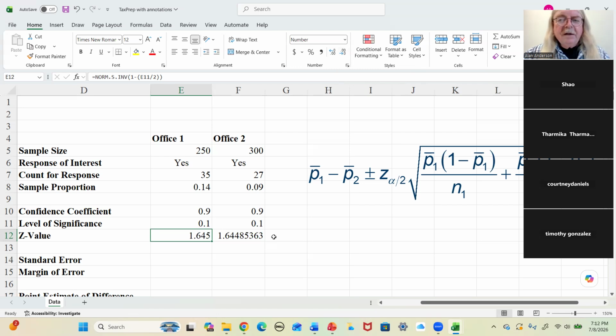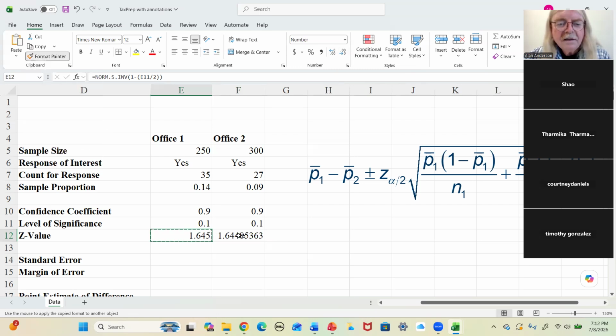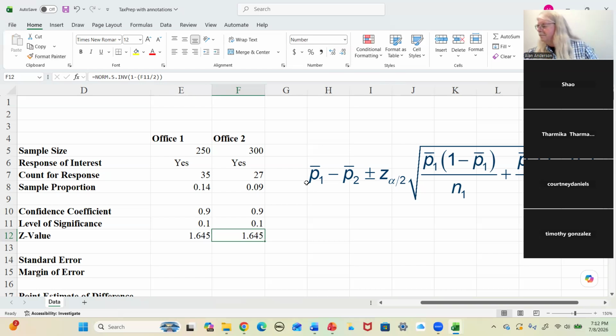Now I can do the same thing here, but I'm going to show you another trick. If I want to copy a format from one cell to another, I choose the one that I do want. You hit this little format painter and touch the cell that I want fixed. And there it is. Look, amazing.